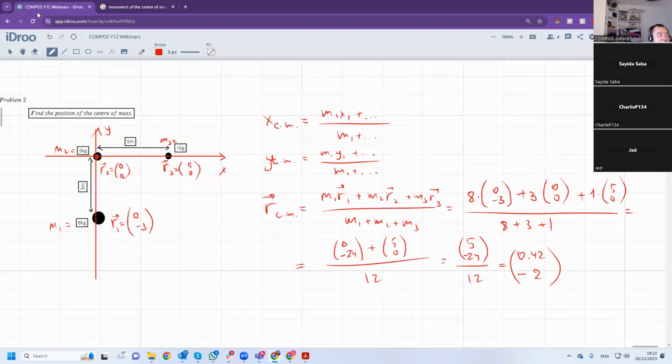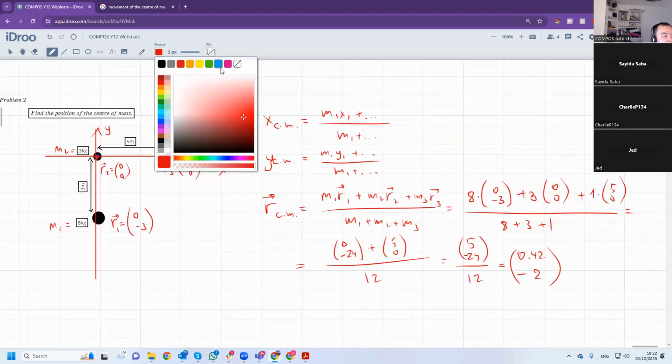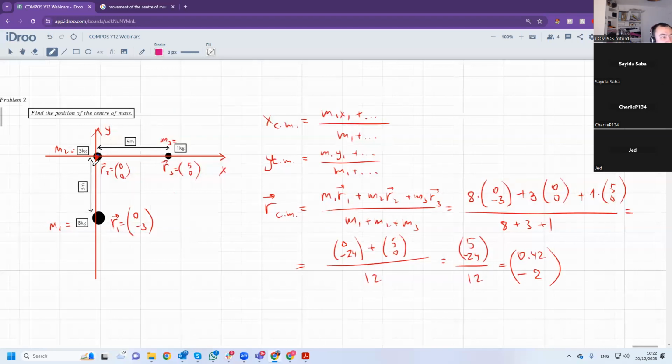All right, so we can find this point. So this point is somewhere here. So 0.42, so somewhere here, and minus 2, which is here. So this is the center of mass. And the radius vector of the center of mass is this. So radius of center of mass.